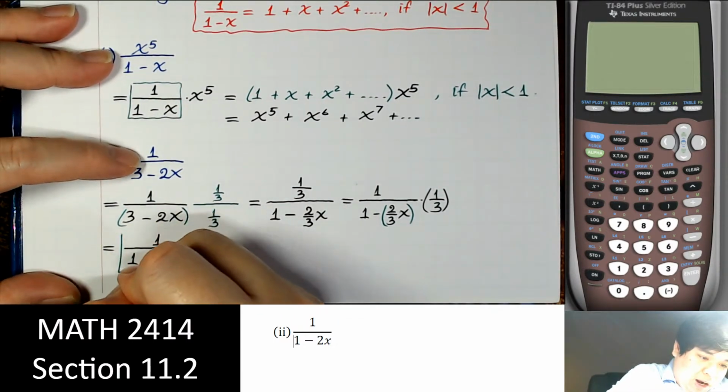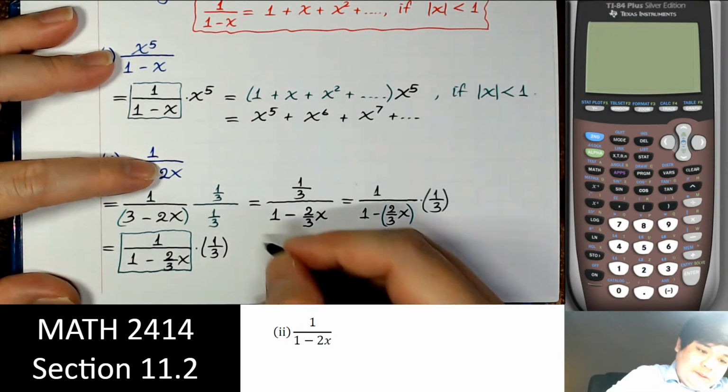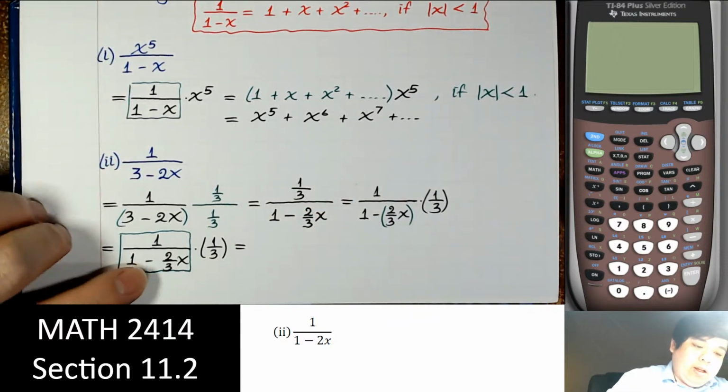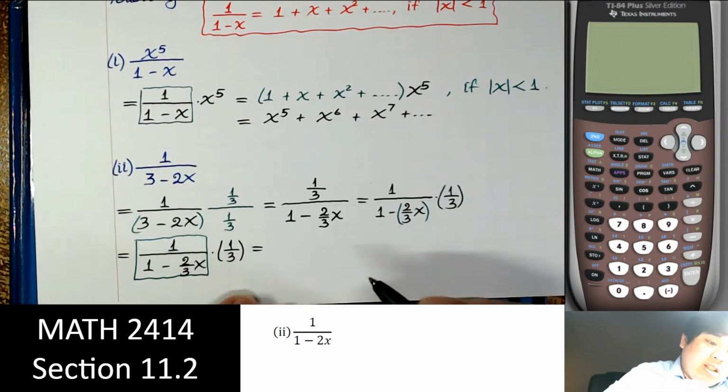So for that power series, x here is replaced by 2 over 3 x.